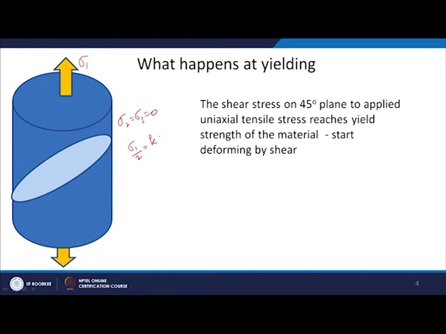We have also seen that this tau max acts at 45 degree to sigma 1. If this is sigma 1, at 45 degree to that my maximum shear is acting. When it reaches the yield strength of the material under shear, this upper part will slide.